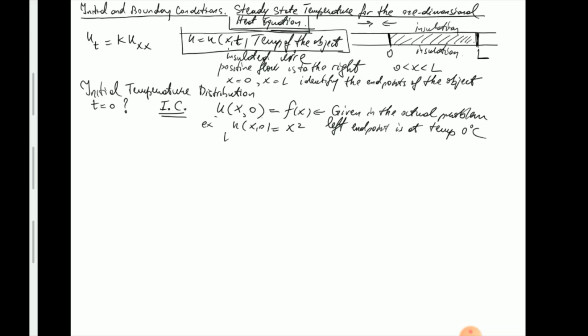And let's say the length of the wire is L equals 10. That means the right endpoint is at 100 degrees Celsius, right? Because it's going to be 10 squared.